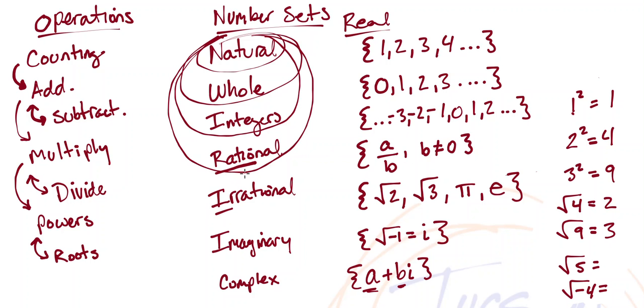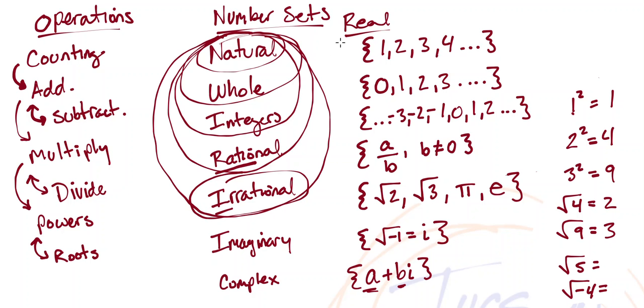And then we had the irrational numbers, and they were kind of defined as not being rational, so they're a whole different category. But all of these numbers can be written on the number line. All of them can be used to indicate an amount. And so we call them real numbers.